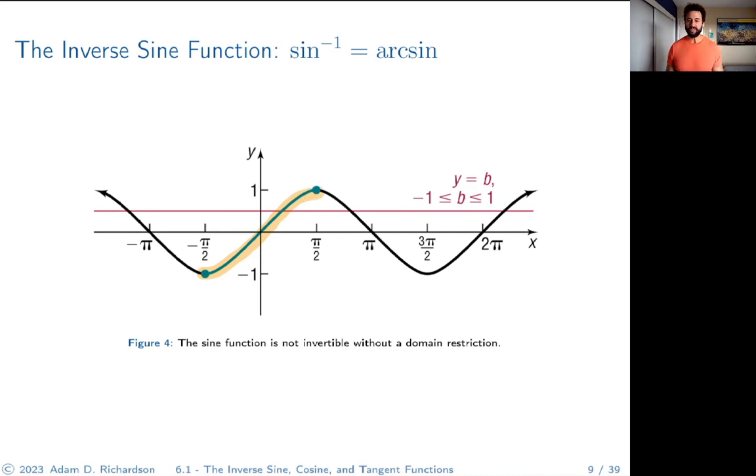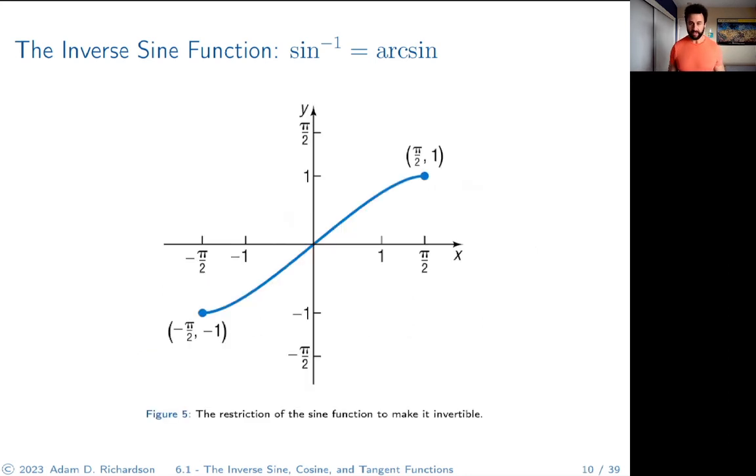This is the restricted part of the sine function that we're going to use to define the inverses. Here it is pulled out, and now we can look at it more directly. If we want to talk about arcsine or inverse sine, then we must only consider this part of the sine function from negative pi over 2 to pi over 2 inclusive.